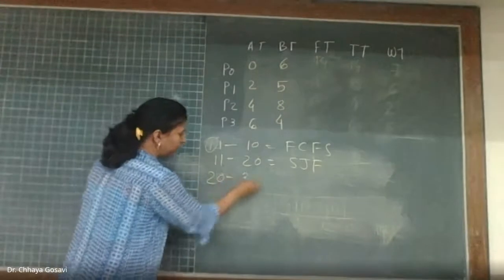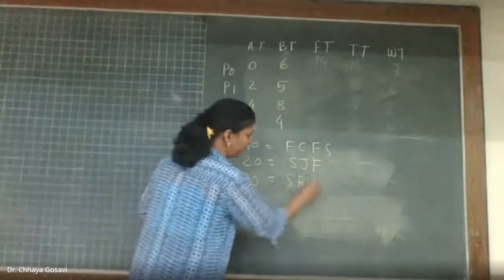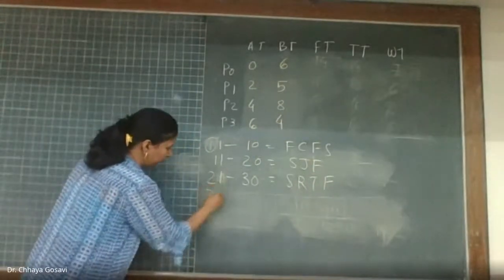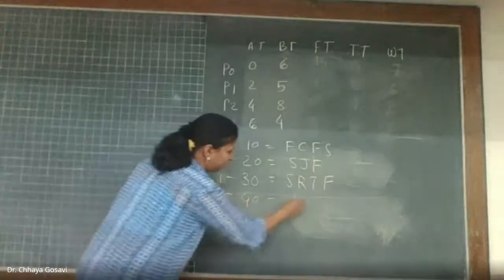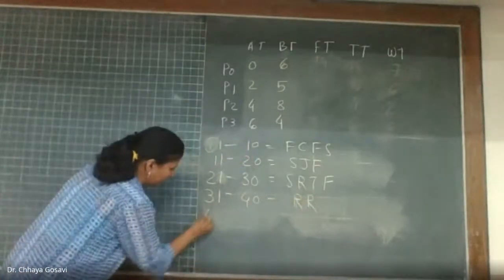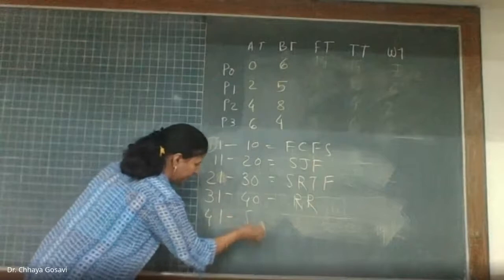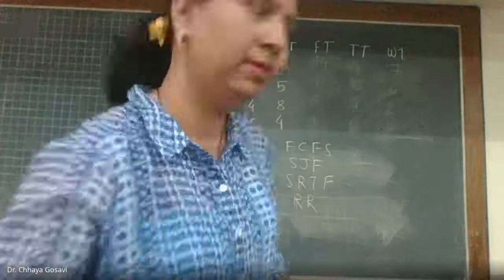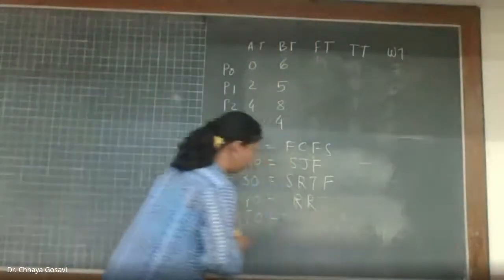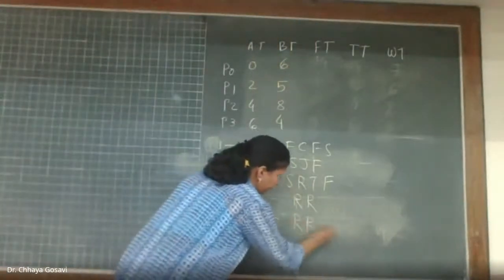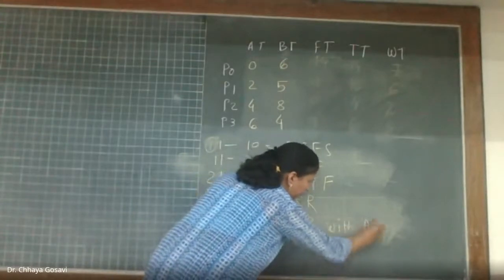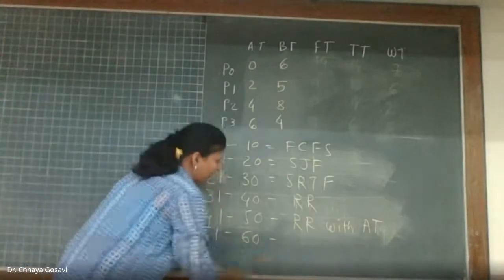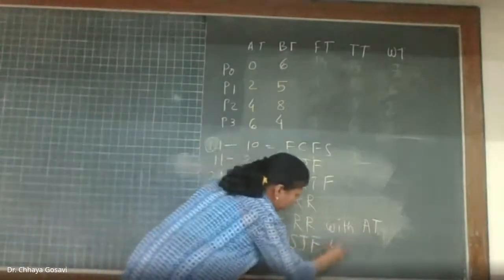Then 20 to 30, solve with SRTF. 31 to 40, solve with round robin, and 41 to 50, solve with round robin with arrival time. 51 to 60, solve with SJF with arrival time.